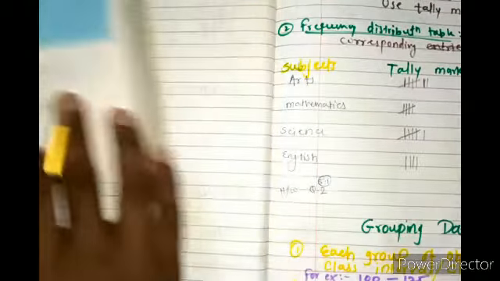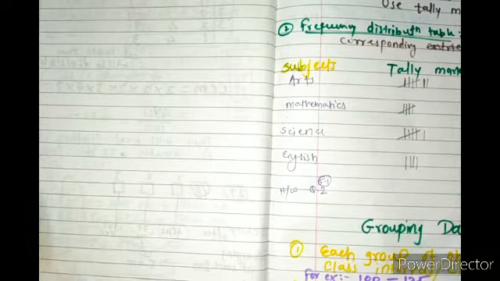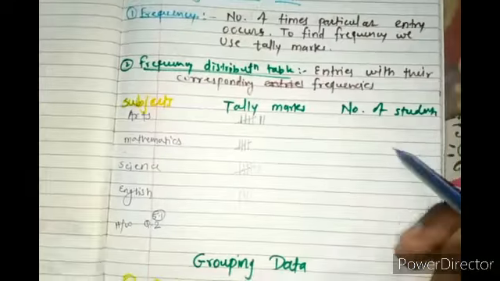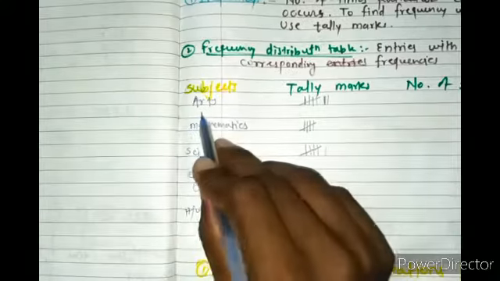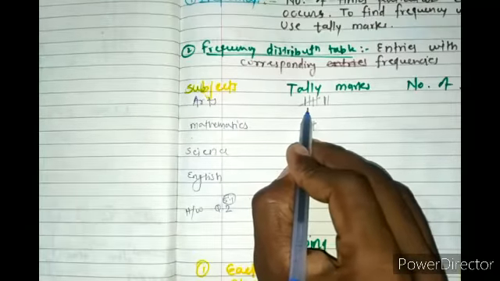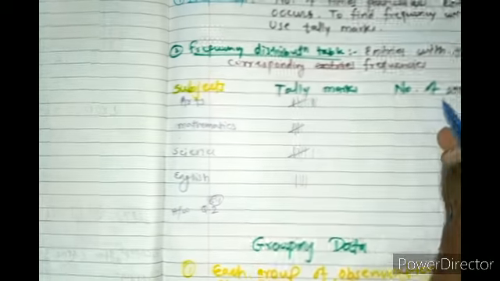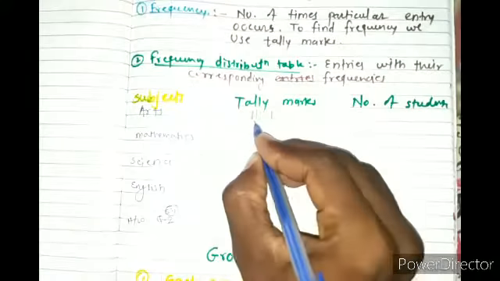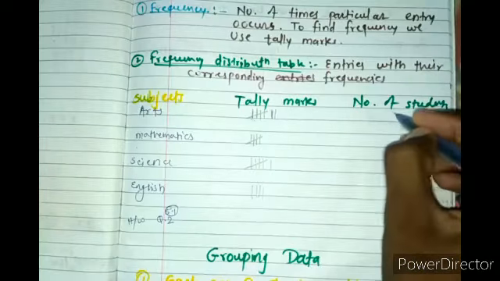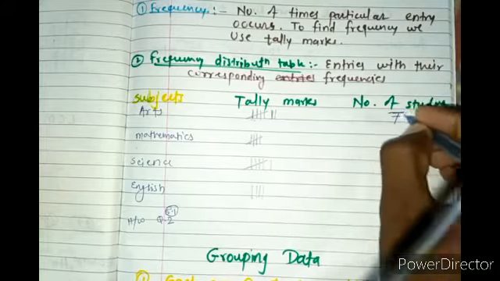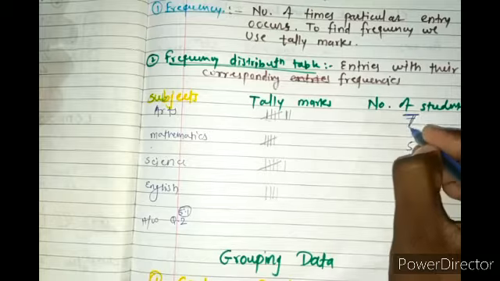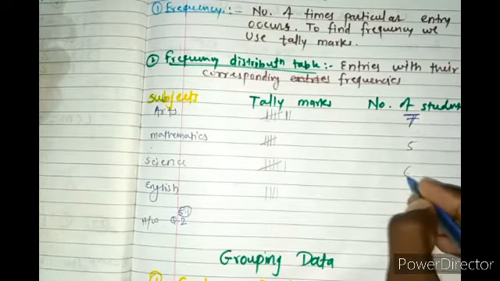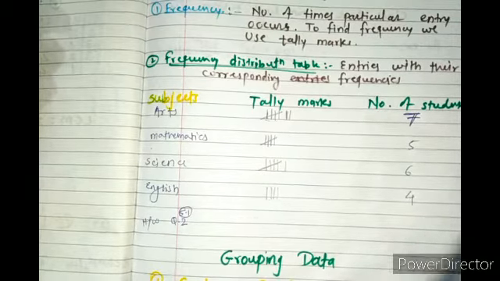Now what we have to do is count these frequencies, right? The number of students column is representing the frequency. So we can understand that the repetition of the subject is represented by the tally mark, and now we are going to write the number of students. So how many students? This is 5. 5 plus 2 is 7, then 5, then 6, then 4.